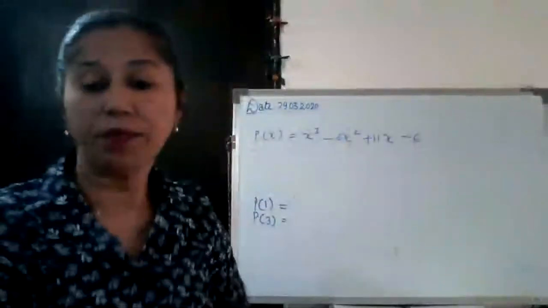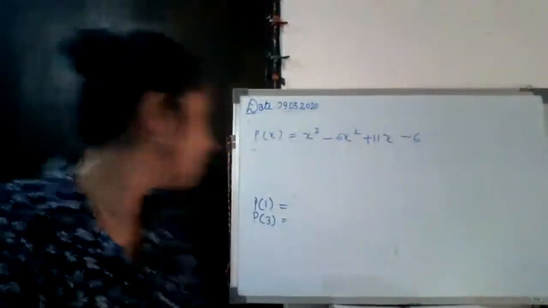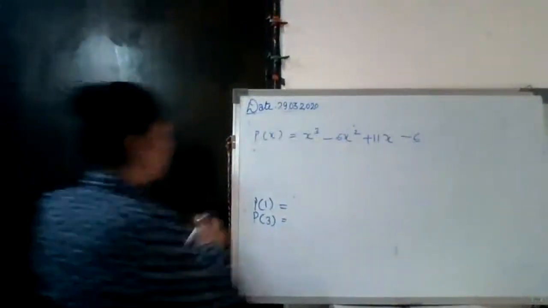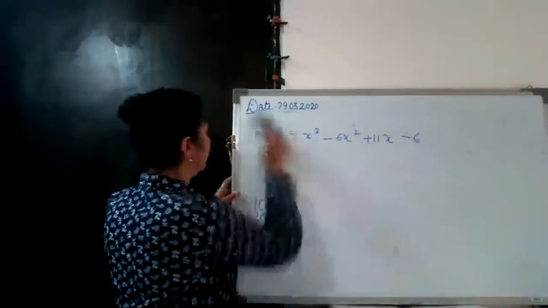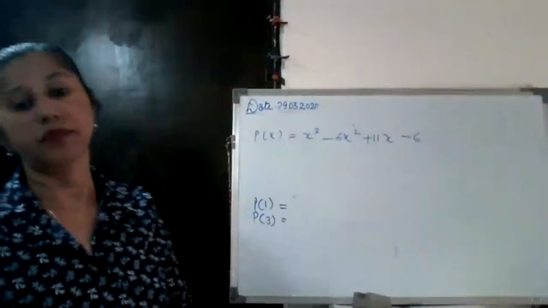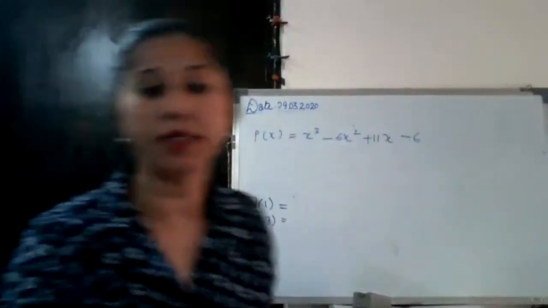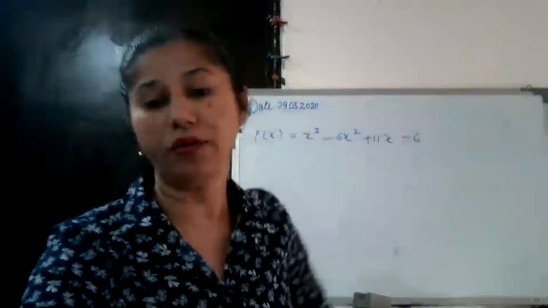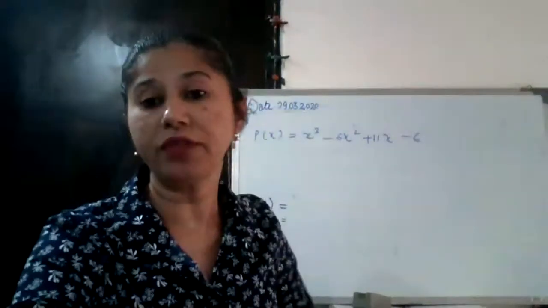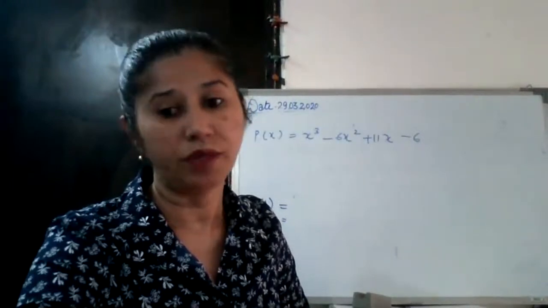Yeah, you got it right. Now I want you to check for P of 1 and P of 3. Correct. Yes, Janvi, correct. She got P of 1 as 0, right? What about P of 3? Very true, Samar.